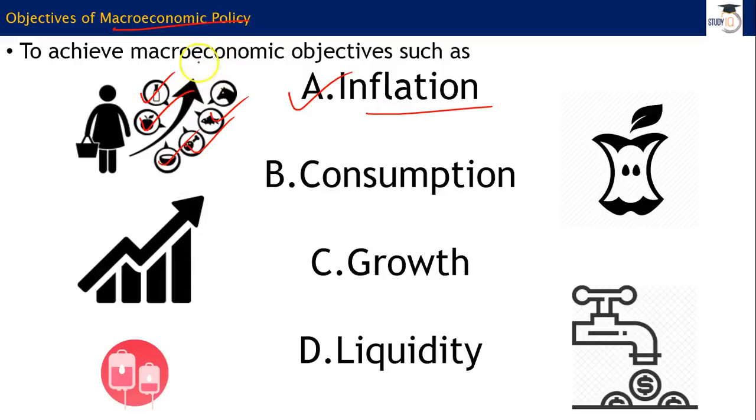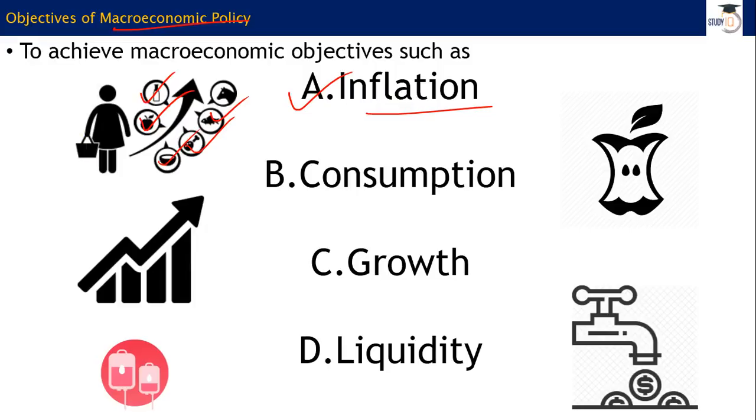There are other things as well, but for our understanding, these are enough for now. So if there is a price rise in, say, tomatoes, you cannot term that inflation.